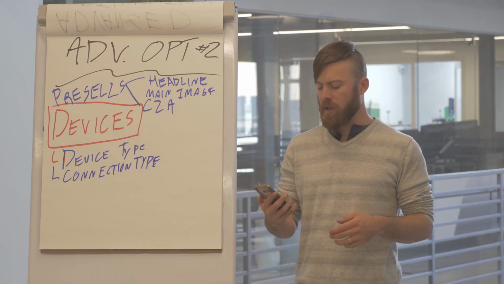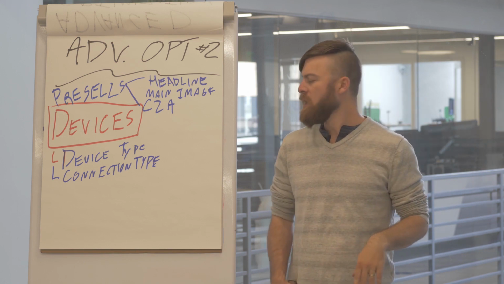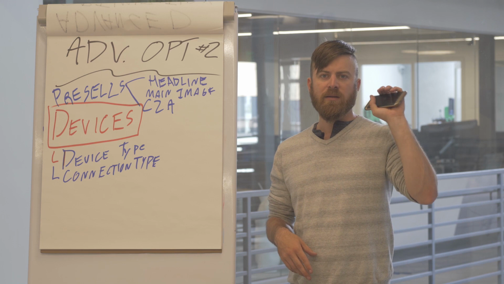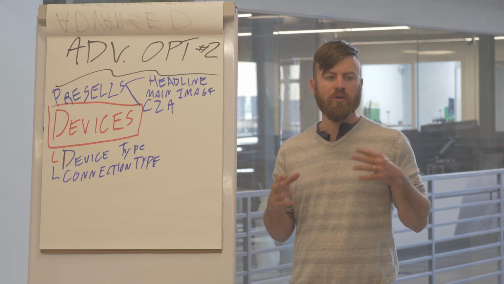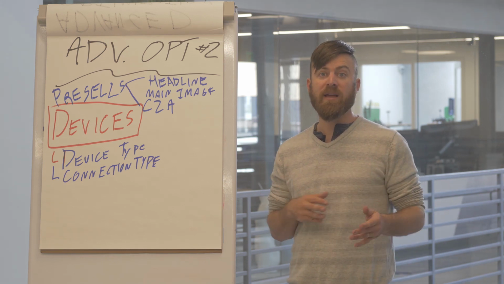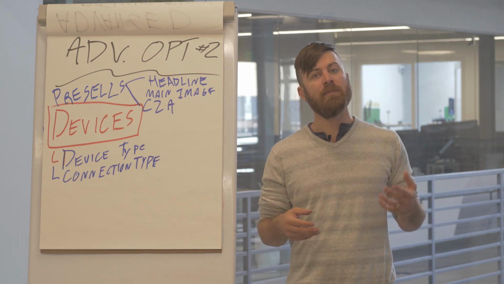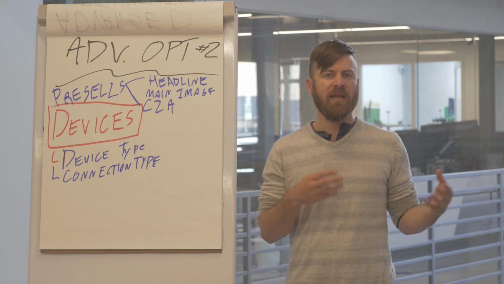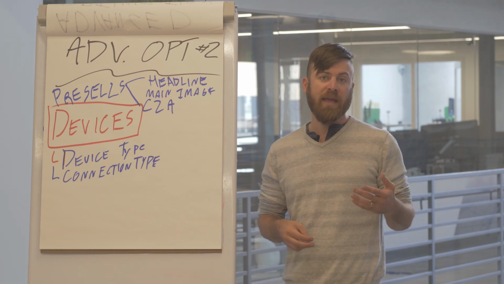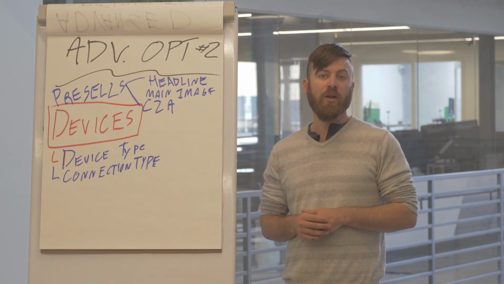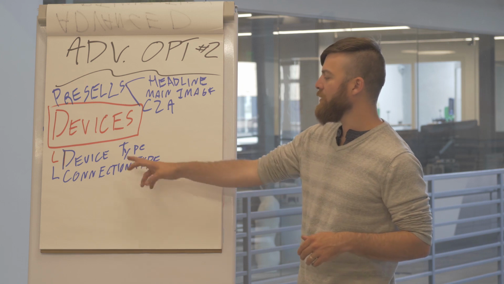I don't know how many people here are using 2G, 3G, 4G, but lots of people have limited data, and if you're advertising on mobile devices that are connected through carrier connections, it might be harder to load web pages that have images. If there's an image or a video, it's going to take very long for that page to load. Or in fact, if they're on a carrier connection, they might not even be able to load the page because they just don't have enough data or they have too low of a connection. So that's a big thing to look for.